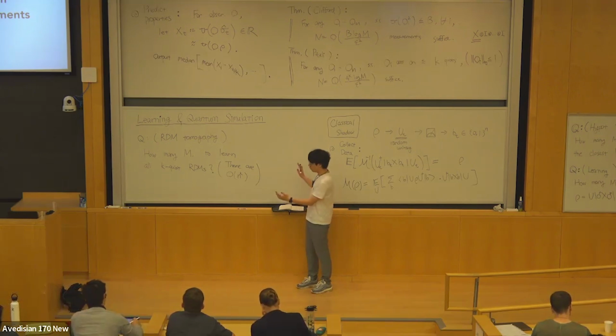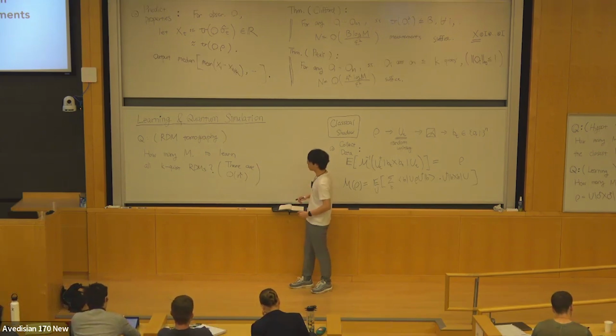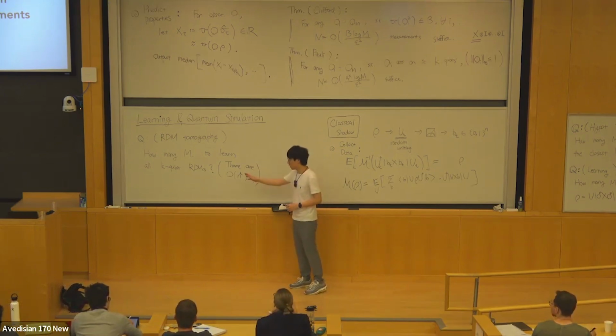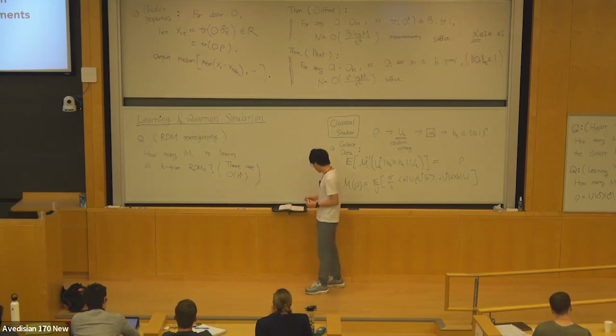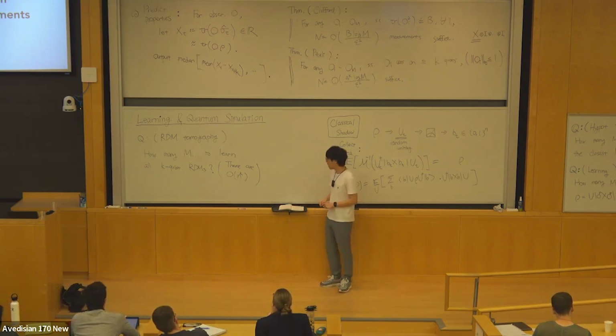Note that even for k equal to 2, there are n-squared reduced density matrices, and in general, roughly order n to the k of them. So the question is, how many measurements do we need in order to learn all the k-qubit reduced density matrices? Again, if you know the answer, feel free to raise your hand and say it.